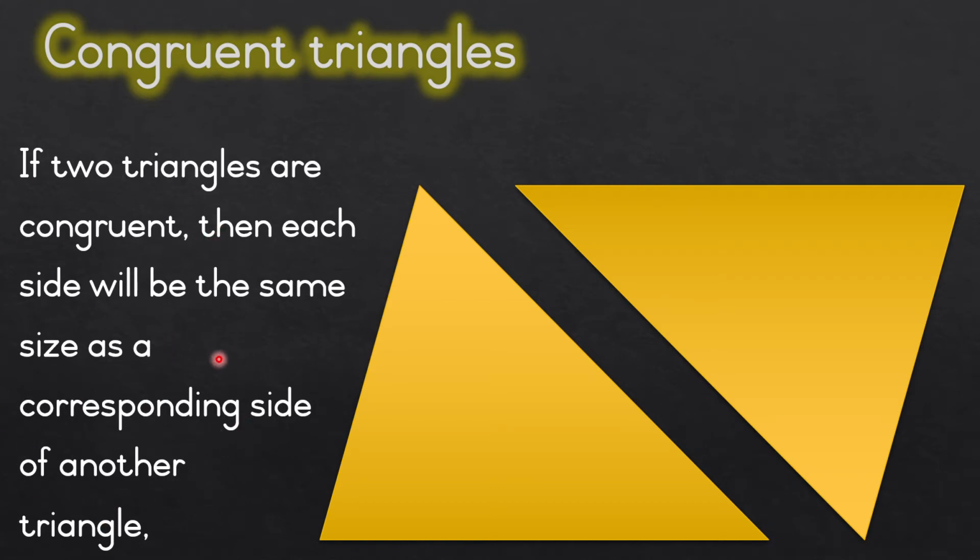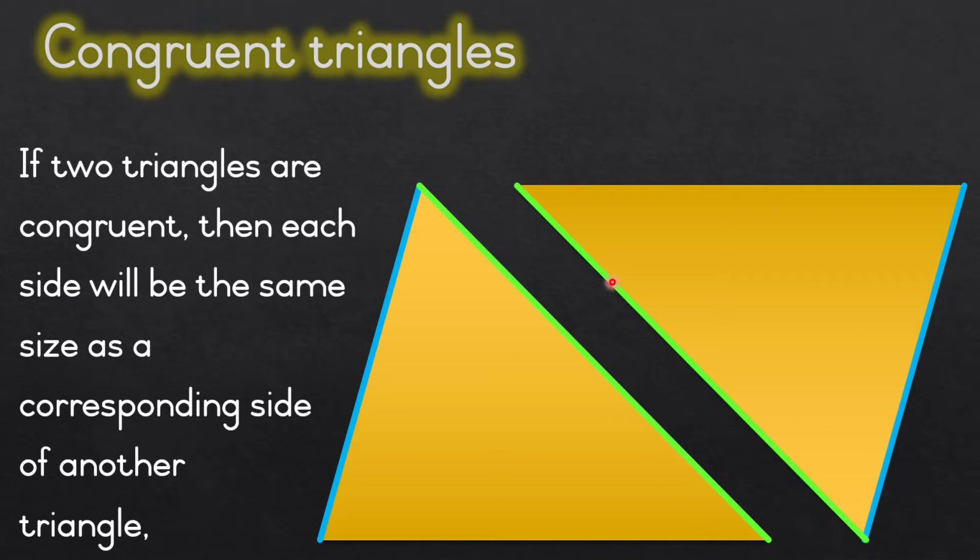This part means that if I've got two triangles and it's stated that they are congruent, then for this side I will have exactly the same side in the other triangle, and another two sides will be exactly the same, and the third side will also be exactly the same. So that is analyzing the first part of the definition.